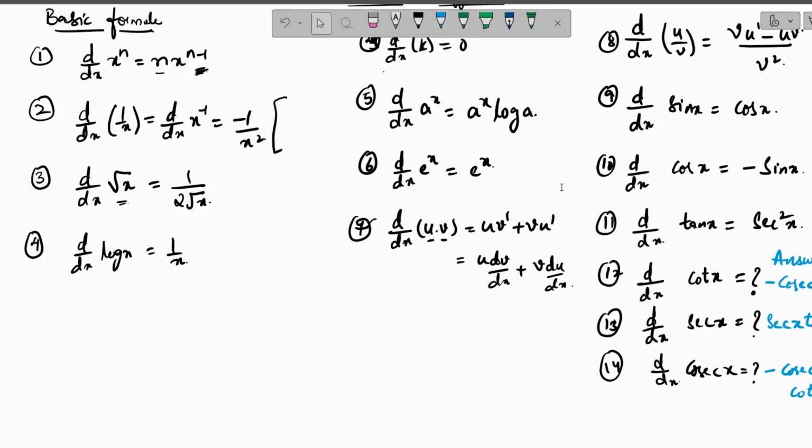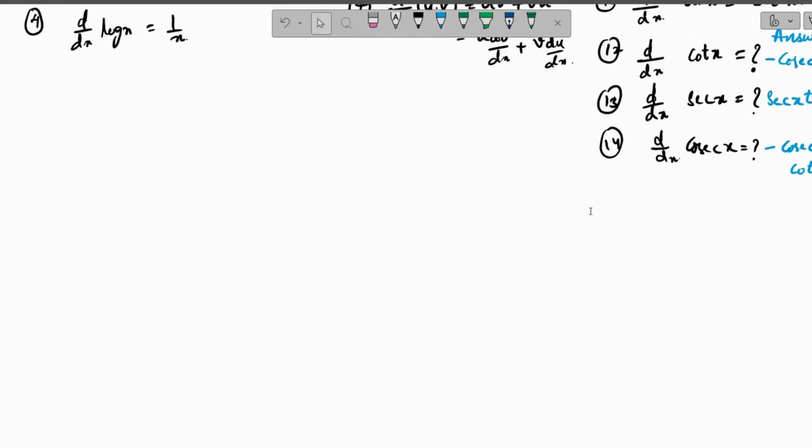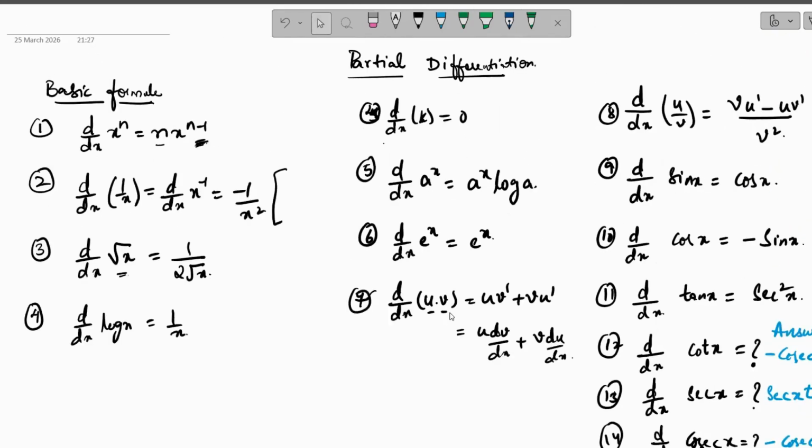Now we will see how the partial differentiation is done. This is the differentiation. Then what is partial differentiation?